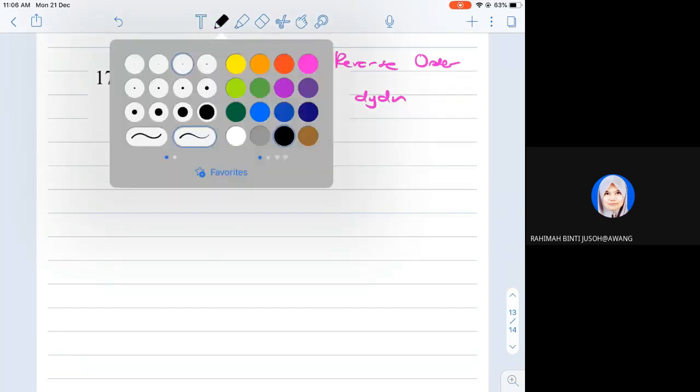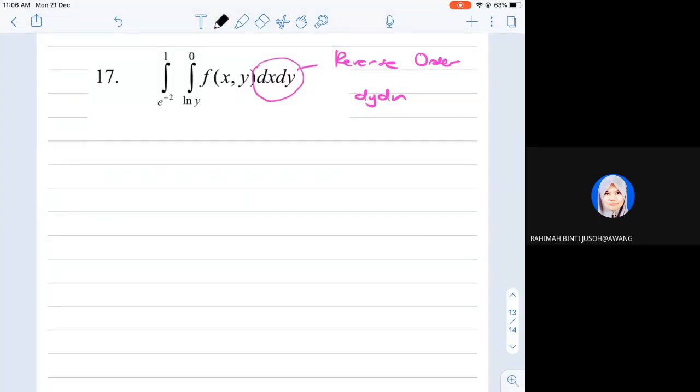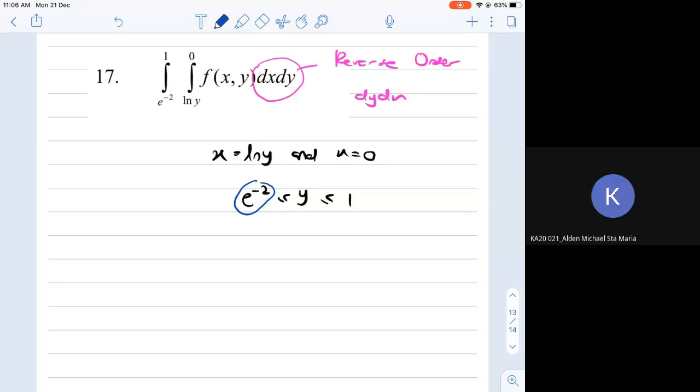So what happened here, guys? x equals to ln y and x equals to 0, okay? And then limit of y is from exponent negative 2 to 1. Can you give me the decimal number of exponent negative 2? If you change to decimal number, use your calculator. 0.135. Okay, good. Well done. Thank you so much.